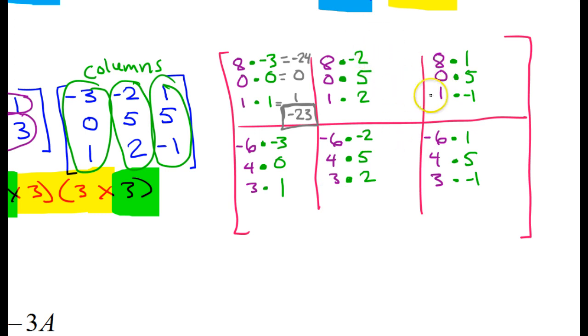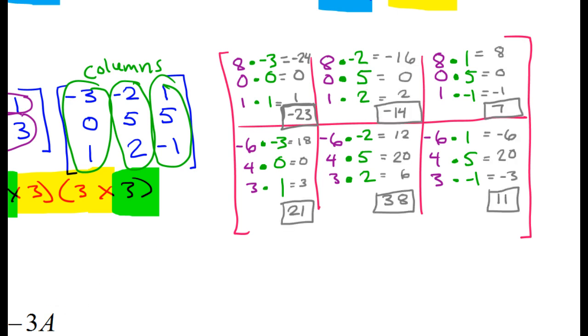Okay, I think I'll do the rest of these off camera because you get the idea. In each case we got these numbers right here. All I did was multiply and then add the result. The numbers in these little boxes represent the final answer.